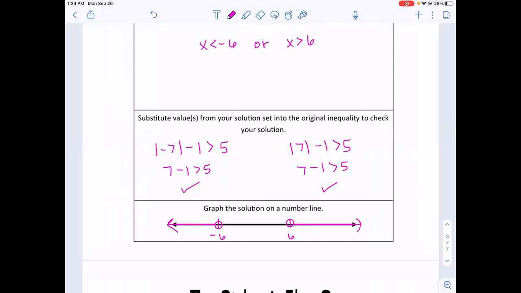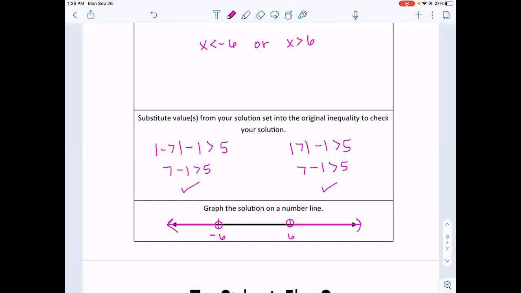Okay, so then here's my graph. X is less than -6, X is greater than +6. Do you have a question?